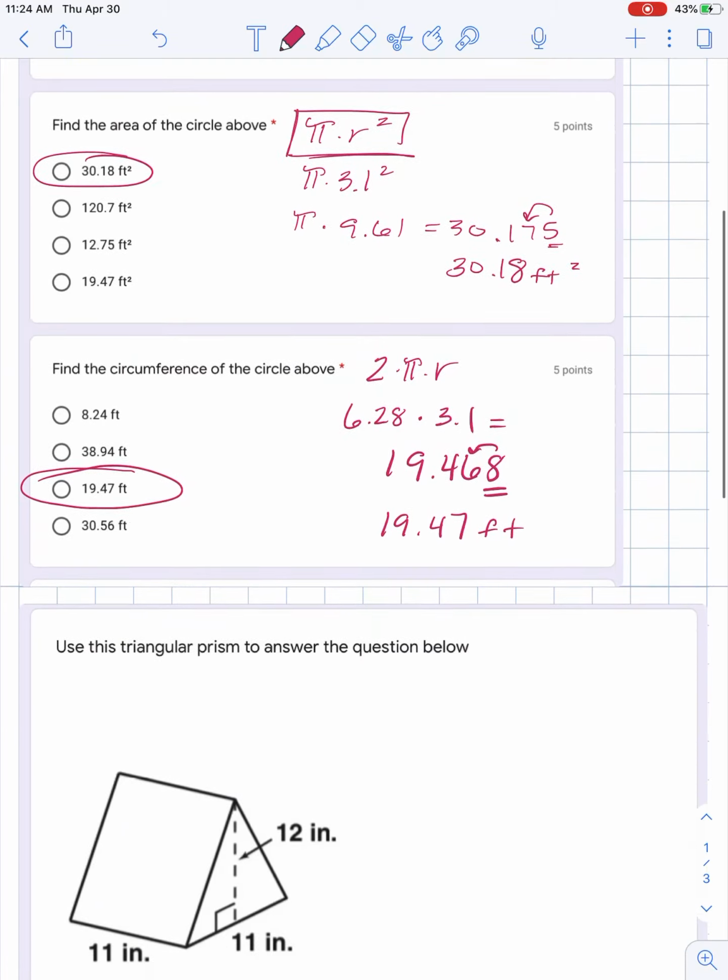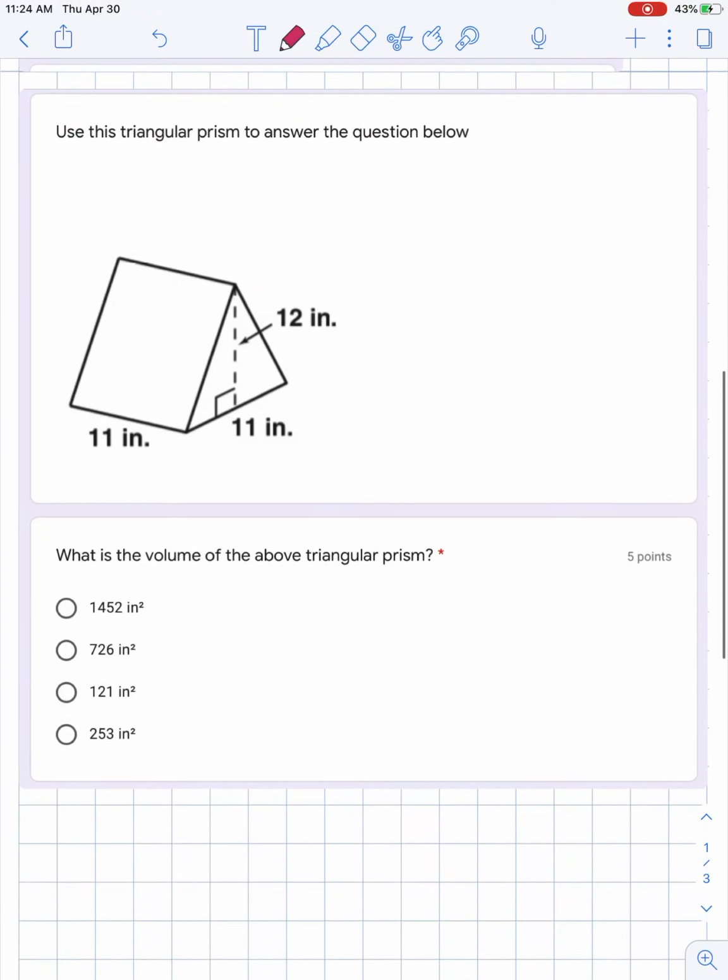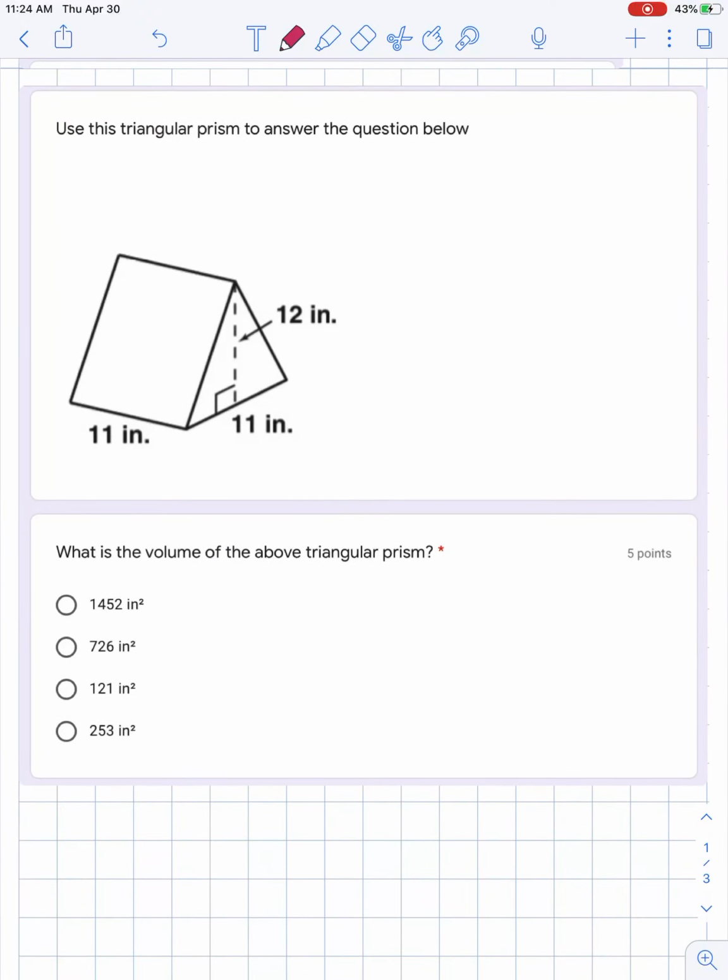Awesome. Cruising along. Use this triangular prism to answer the question below. What is the volume of the above triangular prism? And remember, with any right prism, and this is still a right prism because we've got this right angle right here, we are going to find the area of the base times the height.